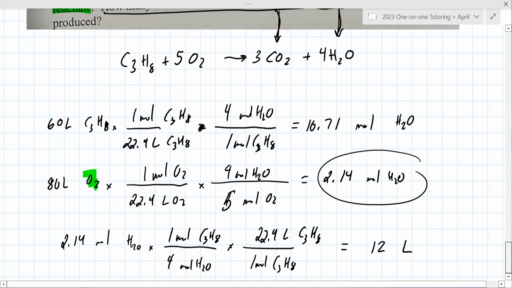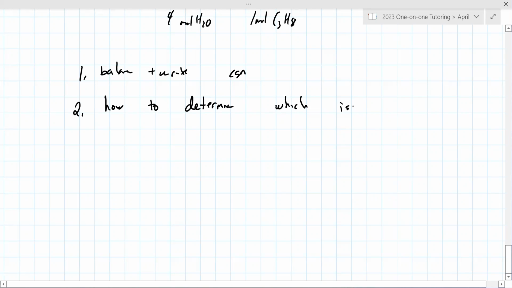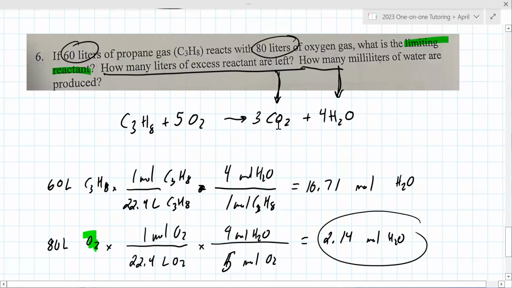So, some things to think about: you need to obviously write and balance the equation. That's really important here. The second thing is how to determine which is the limiting reactant. I'm sorry, the limiting product. I didn't realize that this mattered.